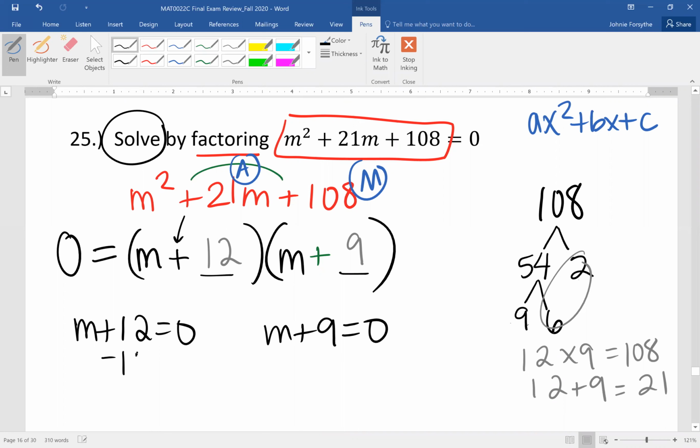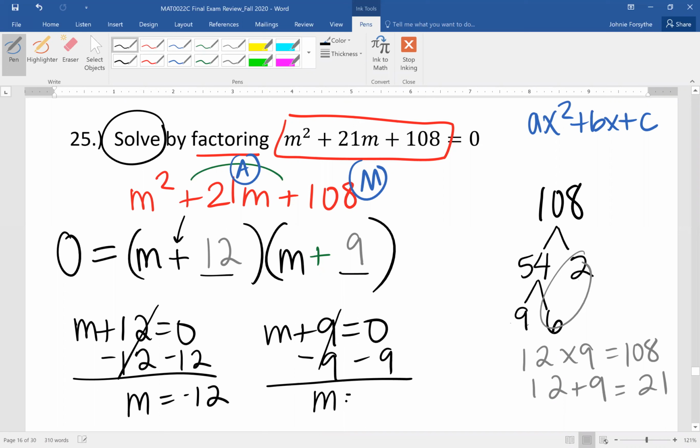So to solve for m here, I would subtract 12 on both sides. So m equals -12. And then I would subtract 9 on both sides. So m also equals -9. So that's how you would solve by factoring, but I wanted to show the factoring part here as well because it's a little simpler than the previous problem.